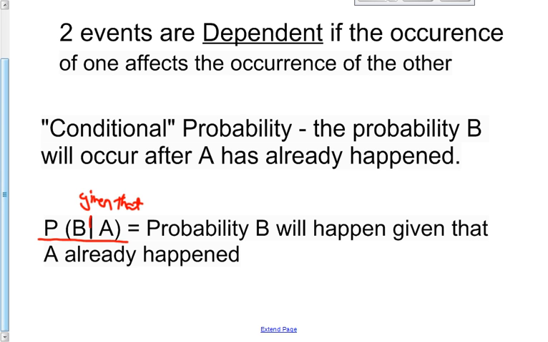So this notation right here, this bar, is going to be read with the words given that. What's the probability that B will happen given that A has already occurred? You also might hear the phrase such that. What's the probability that B will happen such that A has already occurred?